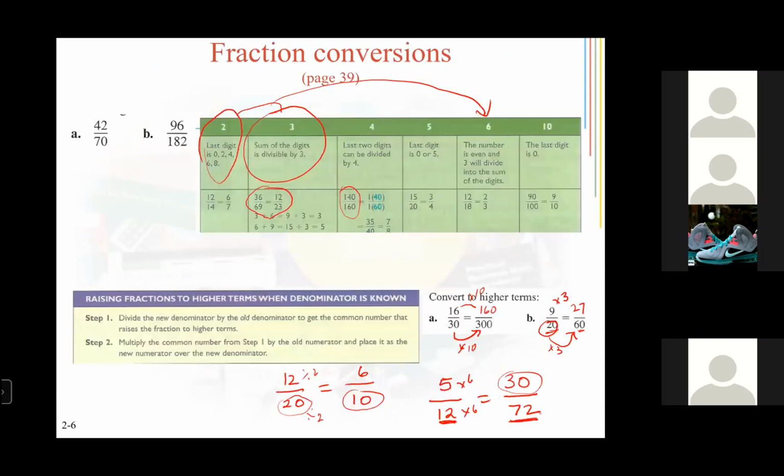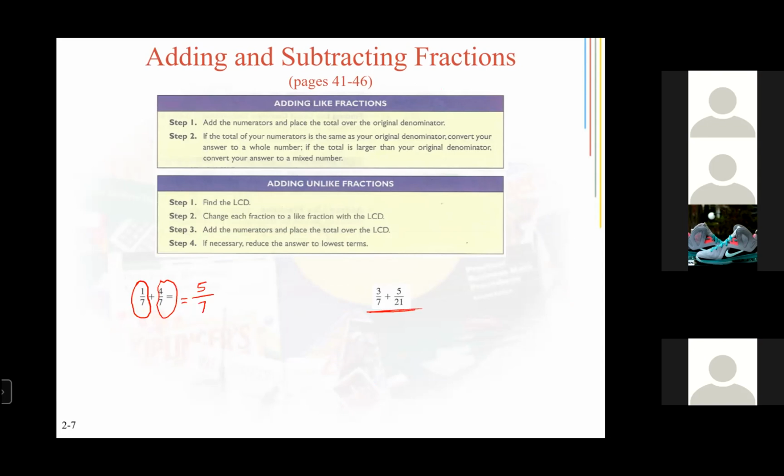We have to raise them using a new denominator. Now, sometimes you could use one of the denominators that's in the fractions you have to add, but sometimes you have to find another number to use as the denominator. Can you use any of those numbers there as a denominator for the addition? 21. You could use 21 because both of them can divide 21.